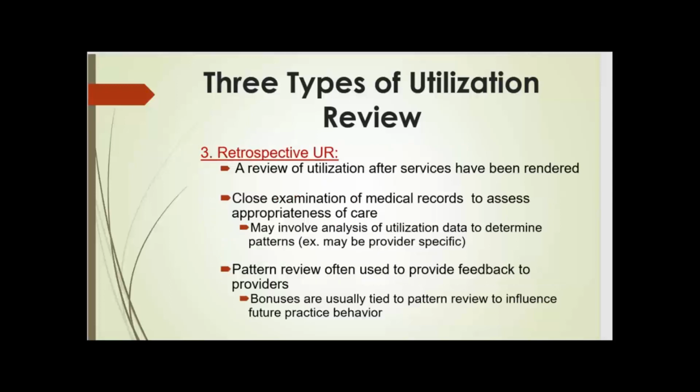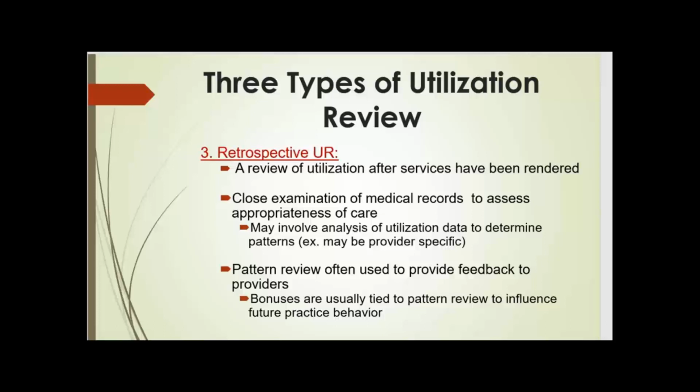The third type of utilization review is retrospective utilization review. So this refers to managing utilization after services have already been consumed. A close examination of medical records is undertaken to assess the appropriateness of care.